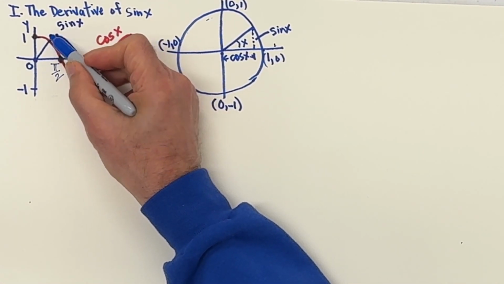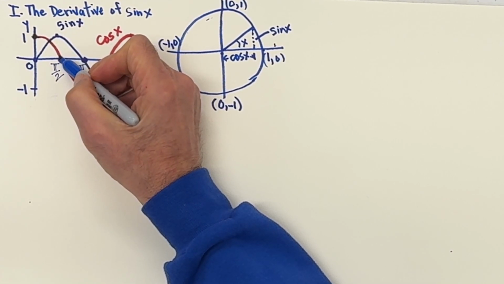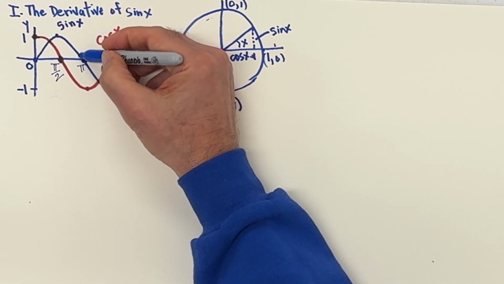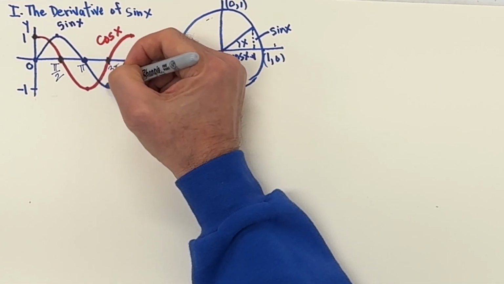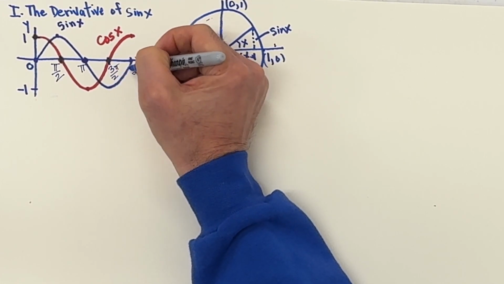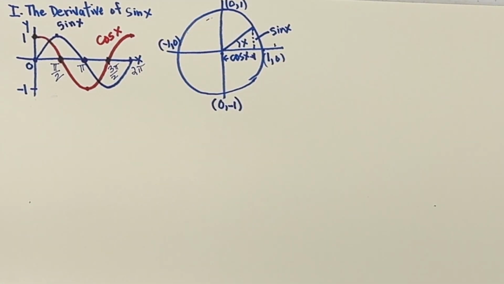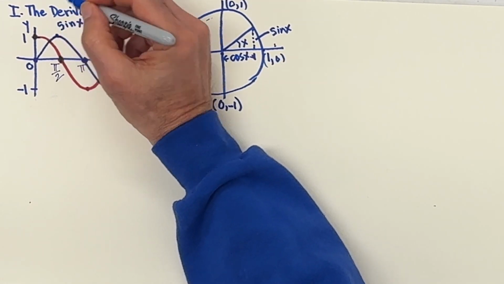Well, the slope there is 0. And look, the cosine has a 0 there. Here it looks like the slope might be minus 1, but look, the cosine has a minus 1. Here, the slope is 0 again, and the cosine is 0. Here, the slope could be plus 1, the cosine is plus 1. And we're going to find out that is the case. But it's suggesting here that it might be the case.